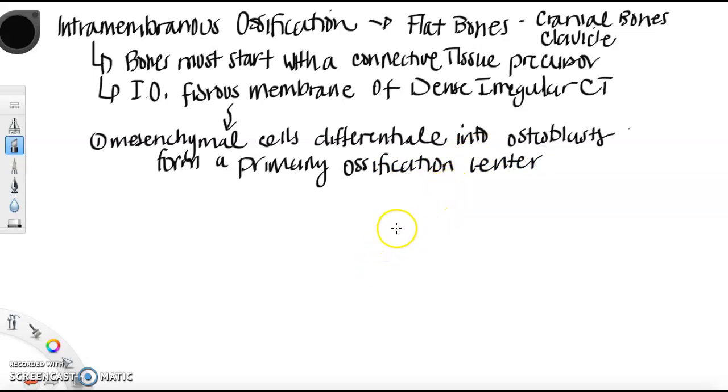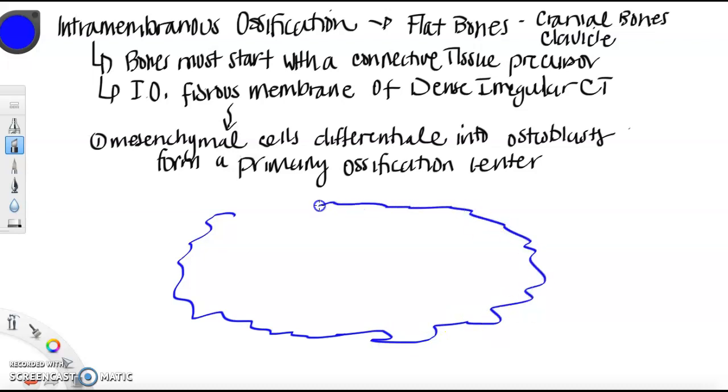So, we have this tissue, this dense irregular connective tissue, and these cells become osteoblasts. So I'm not sure the best way to draw this, but let's say we have this area of dense irregular connective tissue.